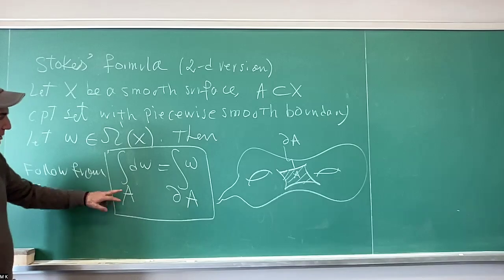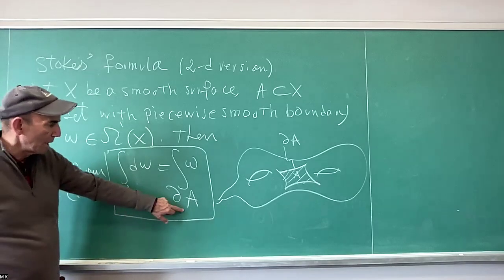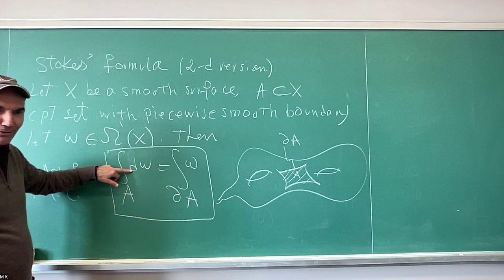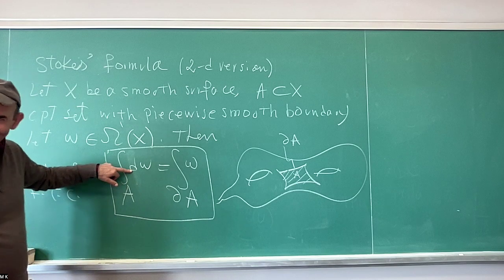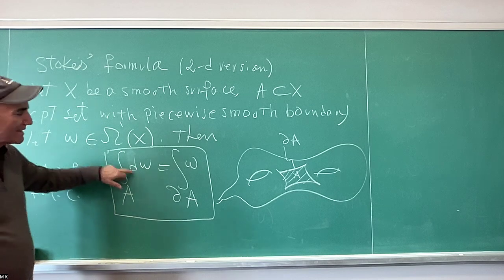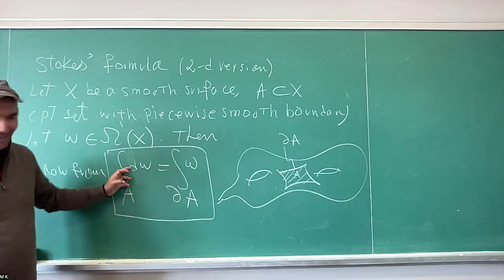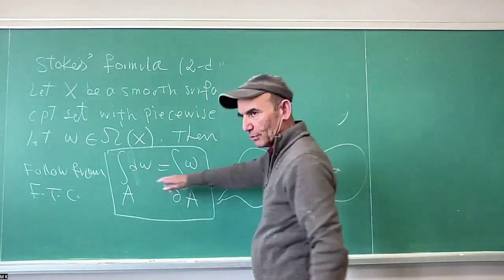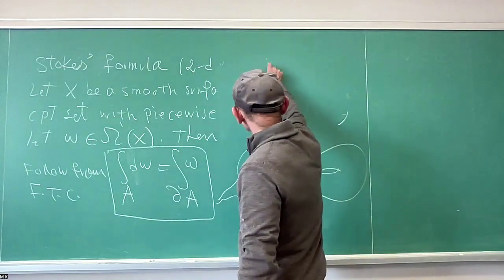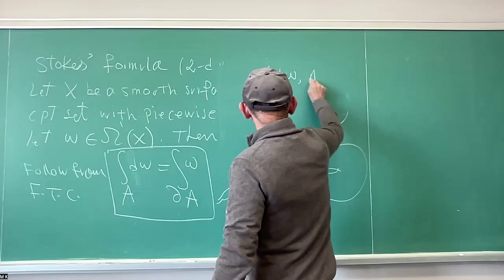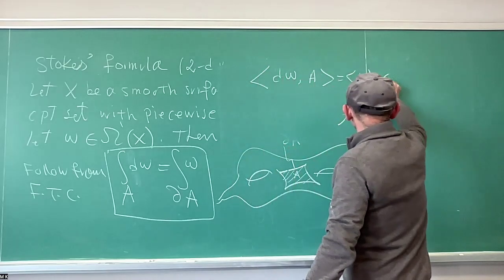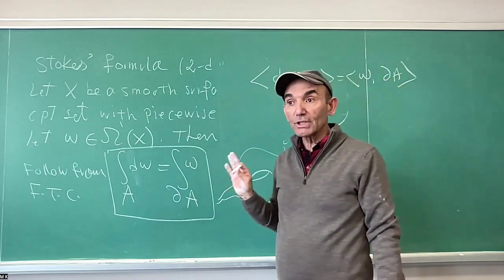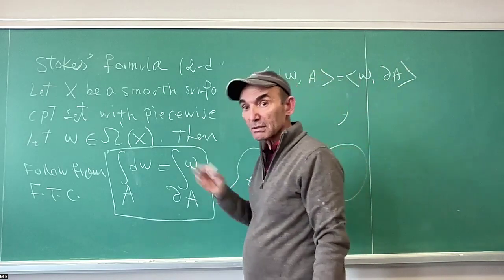Basically, this shows that the boundary operation in topology is dual to, is the adjoint of d. Those who like functors should see it as a pair of adjoint functors. This is the integral of the pairing of d omega with A, equal to the pairing of omega with the boundary of A. Have you seen the star operation in linear algebra, the adjoint of a matrix?